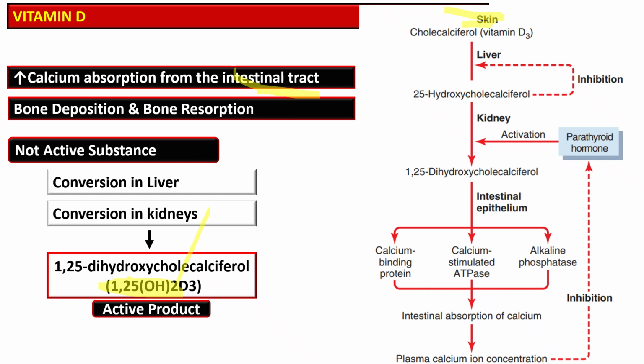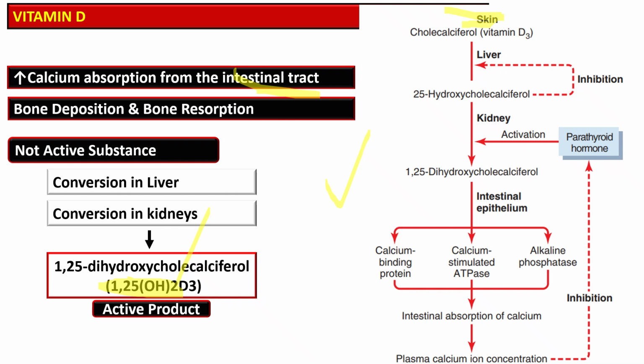So this increases the calcium absorption in the small intestine and promotes phosphate absorption for bone mineralization also. It stimulates bone remodeling by enhancing the resorption of the bone indirectly and aiding the osteoblast activity for new bone formation.